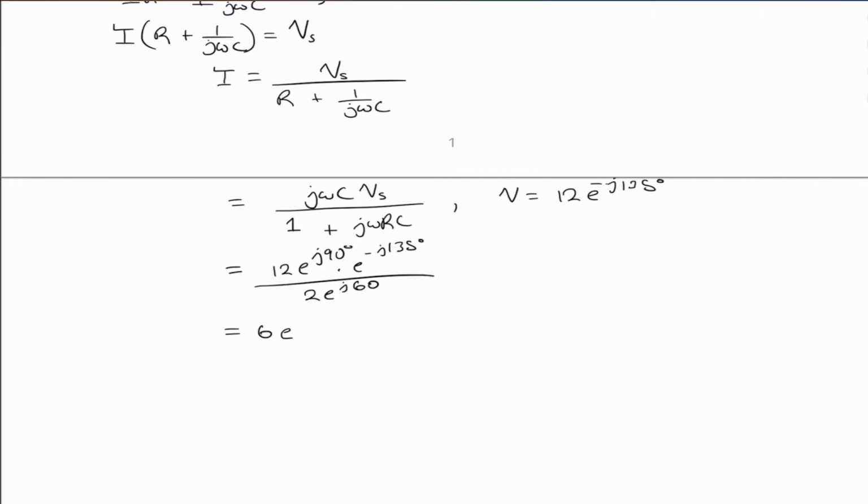So that would be e to the j minus 105 degrees, and that would be I. So here we have I in polar form. And as always, we can write that as 6 times the shorthand notation, and that's in amperes. So a magnitude of 6 and an angle of negative 105.